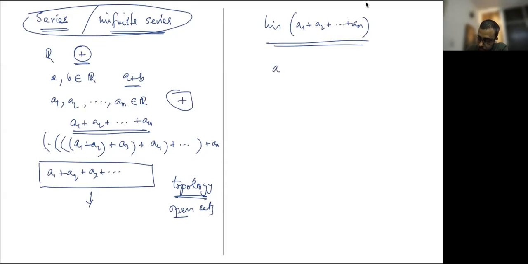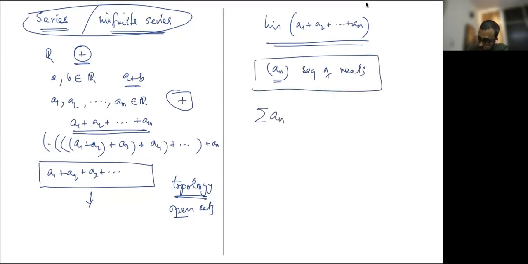Let's say you have a sequence of reals. Then you talk about, so this is a notation, a series whose nth term is an.